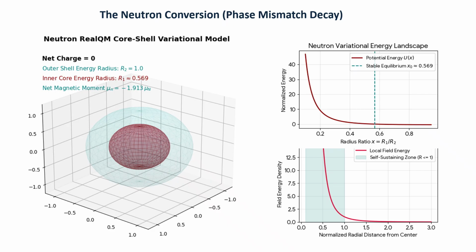The proton is a single unperturbed 3D shell, giving a very clean 2 square root 2 times the nuclear magnetic moment. The neutron combines that inner positive core and an outer negative shell, which interact through, in a free neutron, this structural coherence fraction.